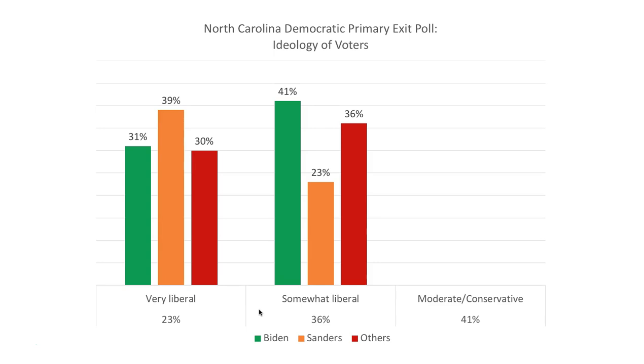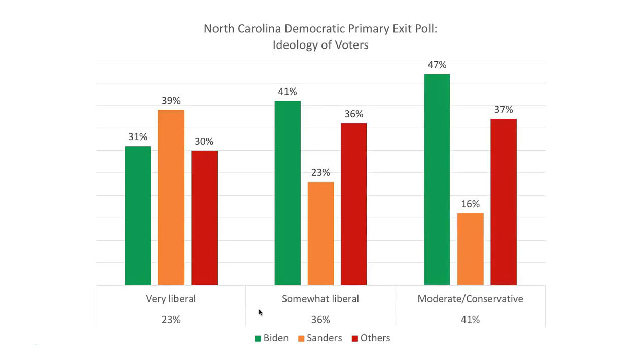And among those who identified as moderate or conservative, almost a majority went for Joe Biden, while Bernie Sanders, the progressive, very liberal candidate, dropped to 16%. So that gives you a sense of what kind of coalitions may exist within a political party.